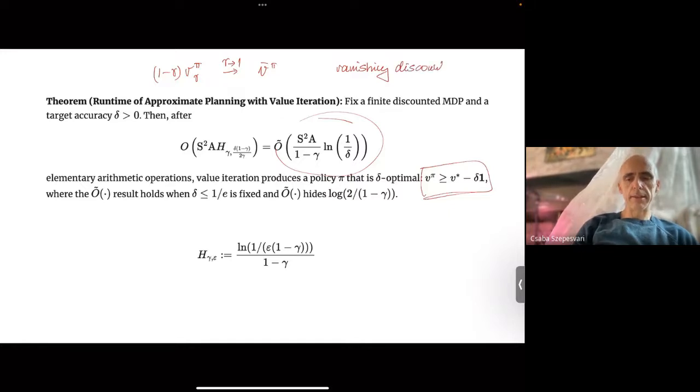So one of the reasons we care about the gamma goes to 1 case is because we want to think about the long horizon case or the average reward case. And then the question is, okay, is this real?